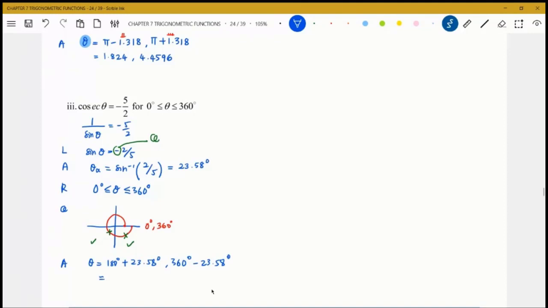Okay, so first angle kita berapa? 180 tambah 23.58. 203.58. 203.58 degree, and then the last here will be 336.42 degree. Okay, so saya ingatkan balik adalah 0, 90, 180, 270, 360. So kalau the lies on here, theta adalah theta alpha.